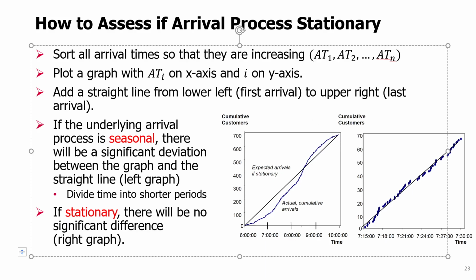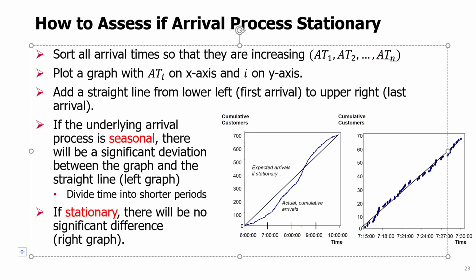If the points that we plot form roughly a straight line, then the process is stationary. But in this picture, you see that the line deviates significantly from the straight line, and so this process seems to have some seasonality.